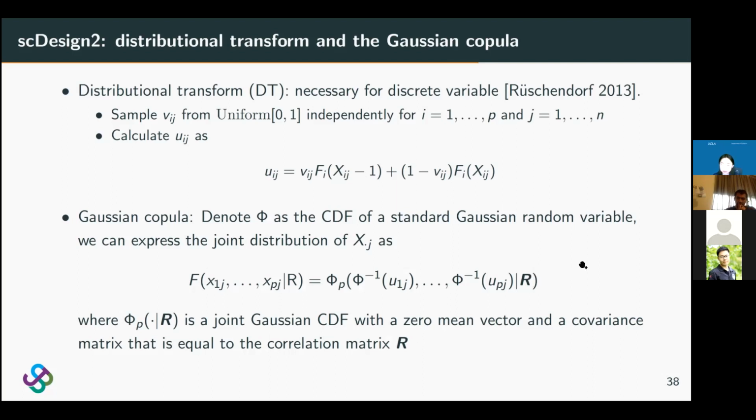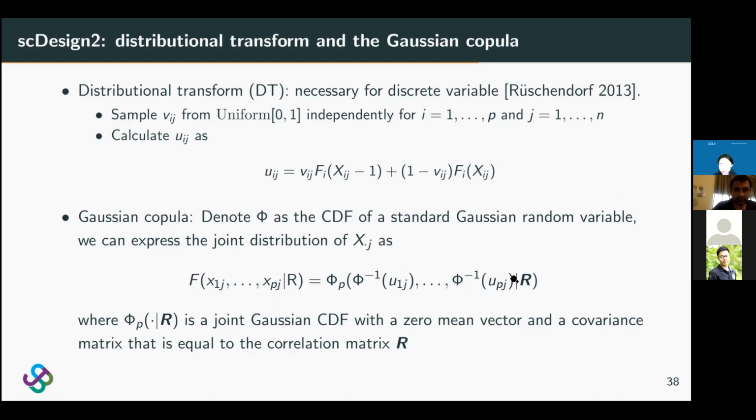This is equal to the covariance matrix in this joint p-dimensional Gaussian, where we have 0 mean and unit variances, so the correlation matrix is just the covariance matrix. Using this, we have a joint distribution. In other words, we're trying to specify the joint distribution of p genes using the Gaussian copula.